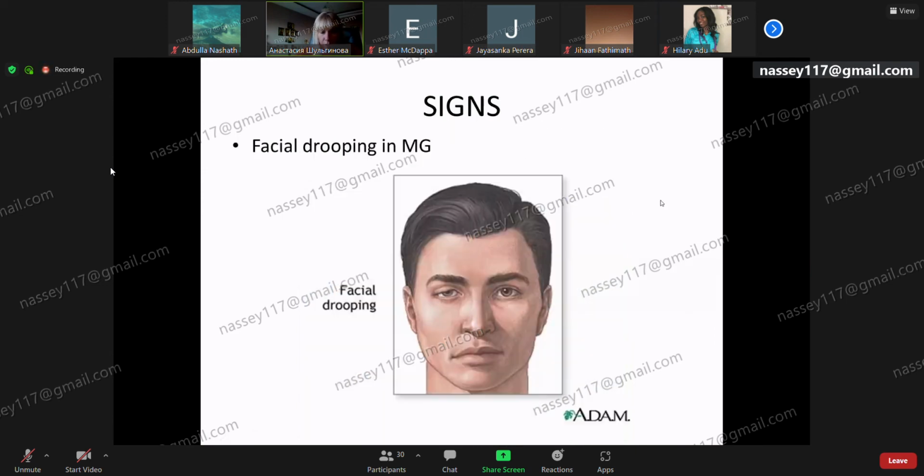Facial drooping in myasthenia gravis. You see how it will be different between ptosis and facial drooping. It seems like a variant of Bell's palsy, but Bell's palsy, of course, is much more rude and much more colorful for clinical sign. Here is slight drooping of the face.